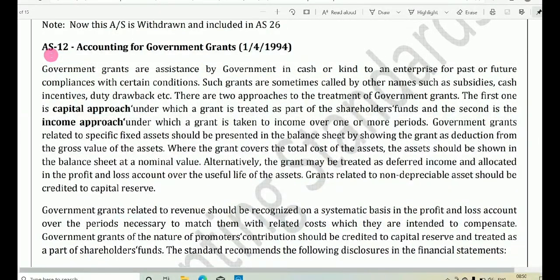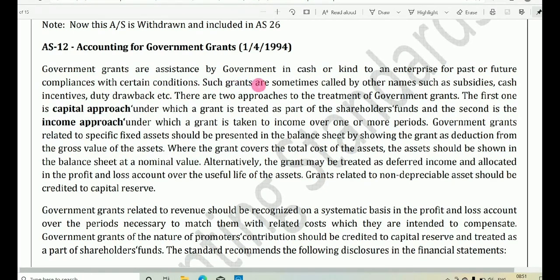Accounting Standard number 12, that is accounting for government grants, introduced from 1st April 1994. Government grants are assistance by government in cash or kind to an enterprise for past or future compliance with certain conditions.